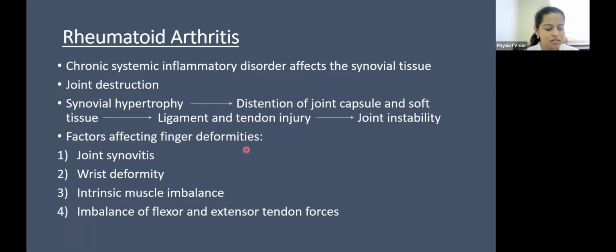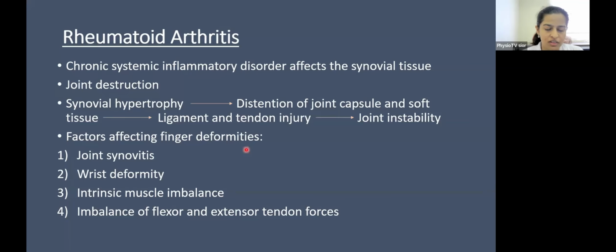So we all know that because of the synovial hyperplasia, it affects the tendons, ligaments, and the muscle. It disrupts the normal architecture of the tendon and leads to loss of the normal tendon function. And the tendon rupture is as a result of the tendon weakening, which can lead to a rupture.